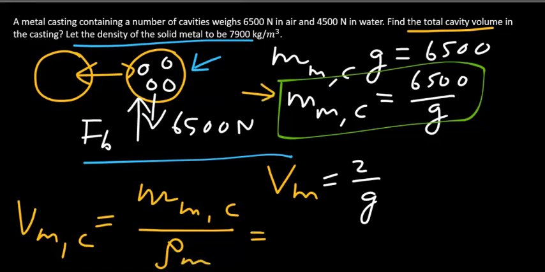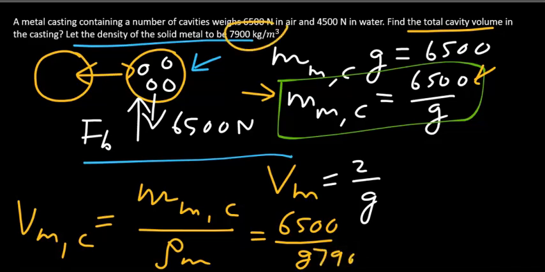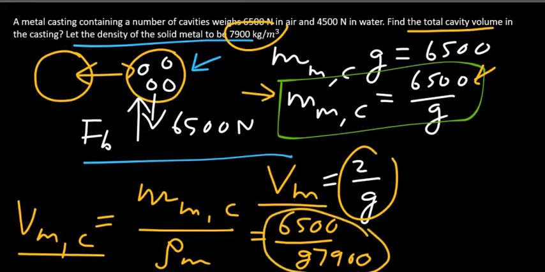The mass of the metal with the cavities has been found, given by that expression in the box, 6,500 over G. The density of the metal is given to be 7,900 kg per cubic meter. So there we have it. This is the volume of the metal with the holes, and this is the volume of the metal without the holes. So by taking this, subtract that, you will get the volume of the cavity in the casting.